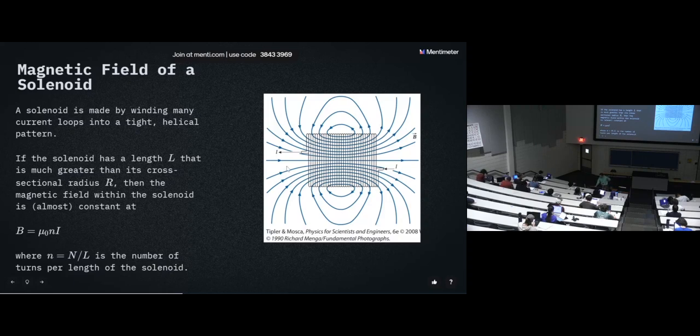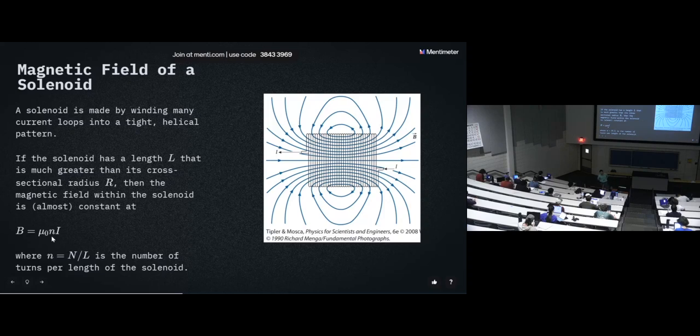So right here, let's say if I could count up the total number of turns here, I'm going to estimate that there are about 30 turns shown here. And let's say the distance from front side to back side is 10 centimeters. Then I'd have 30 turns per 10 centimeters, and that would be my value for little n here. 30 turns per 10 centimeters.